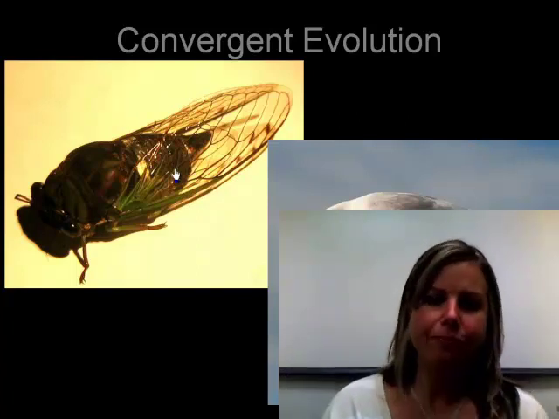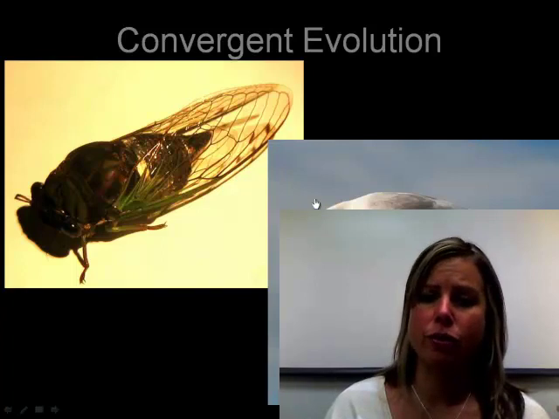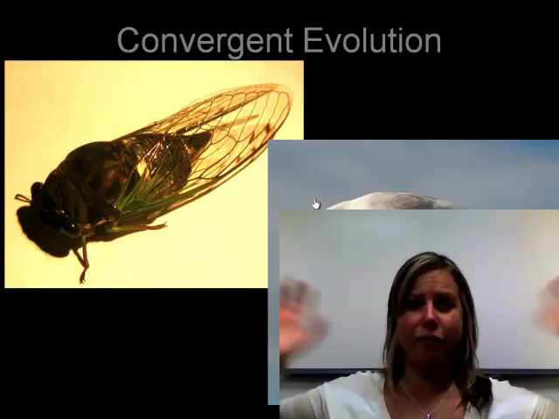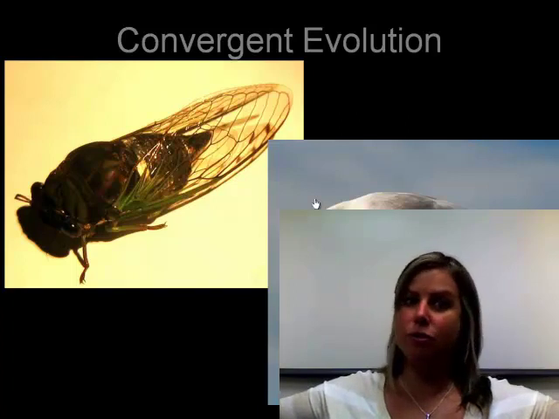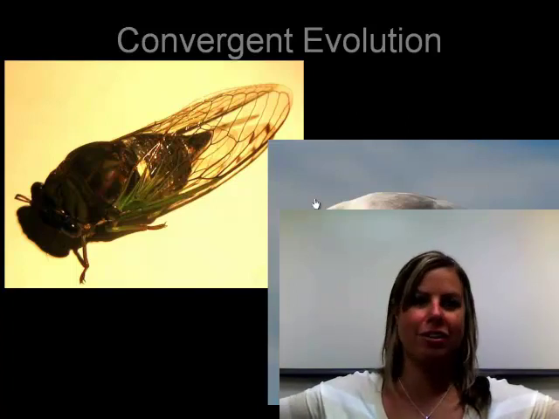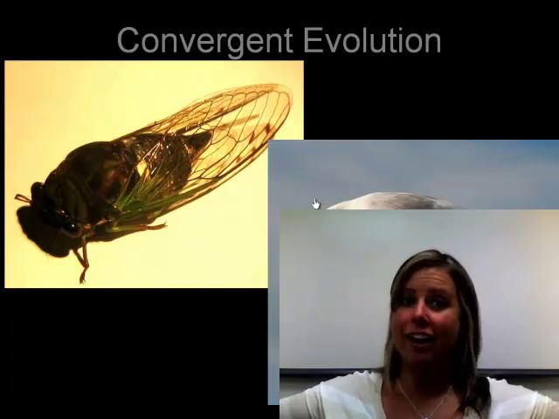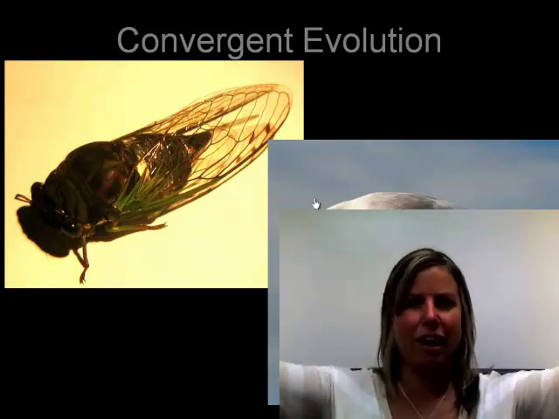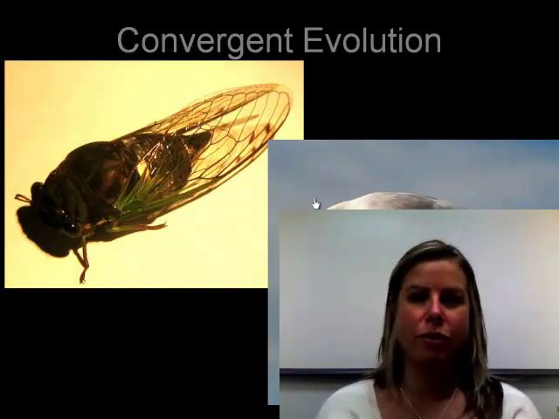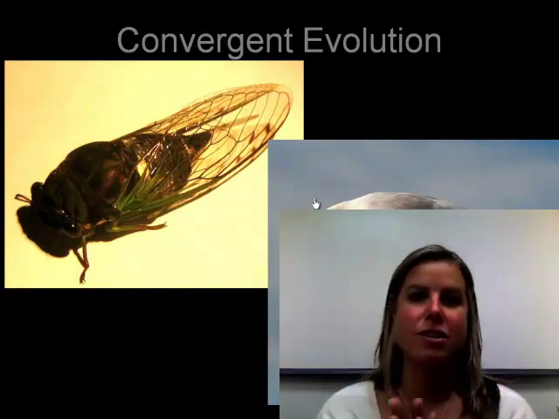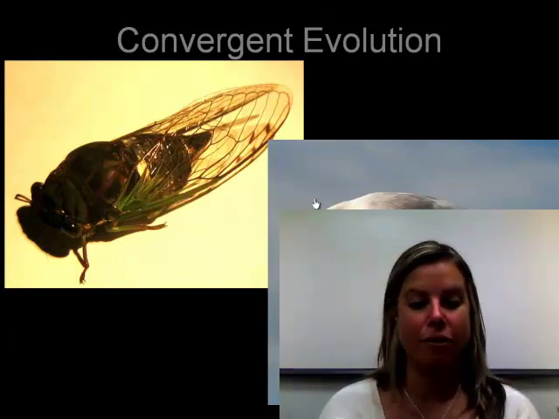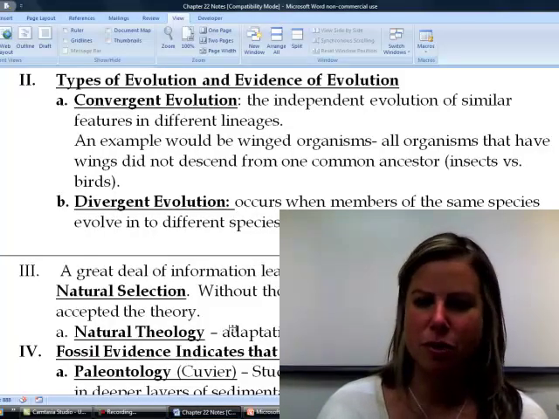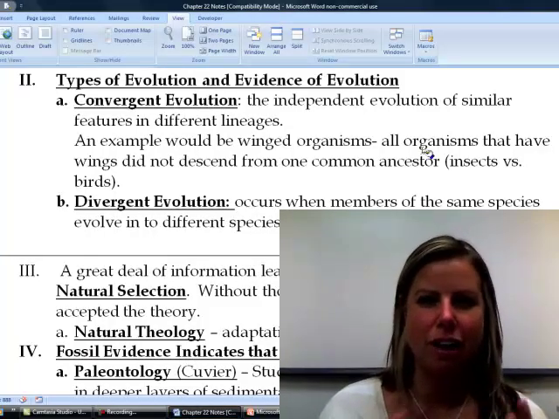And so what we call that is convergent evolution, and that's because they are so far on either side of the evolutionary tree, and then just randomly they both got wings and both got the ability to fly, and so it's almost like they're converging and becoming more similar later in the game. So convergent evolution does not suggest a very recent common ancestor like divergent evolution does. Okay, so that's the difference between the two, and we'll talk about those here and there later on.